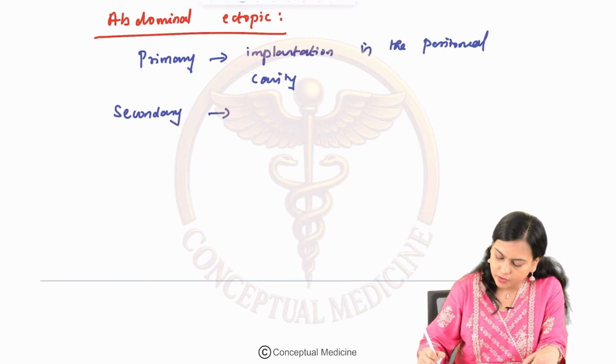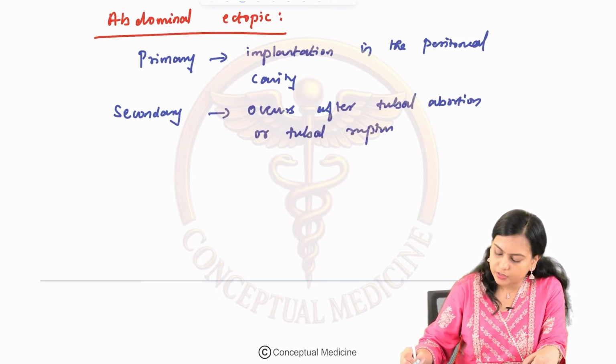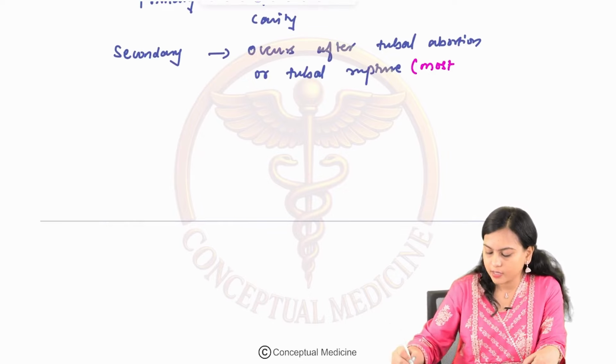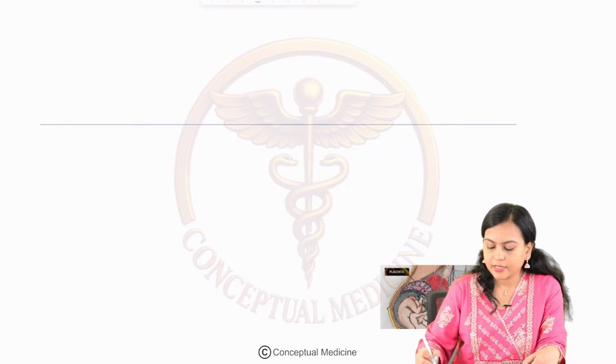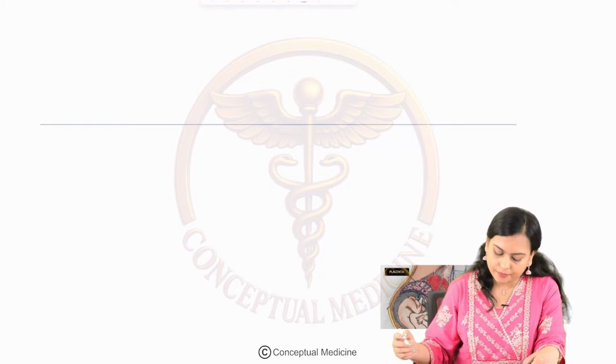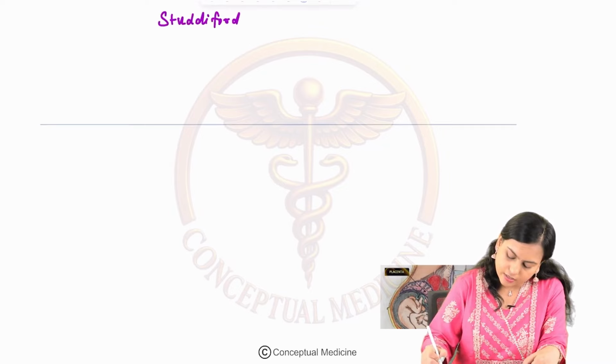Of both these types, the second type is most common, so secondary abdominal pregnancy is most common. And there is a criteria for abdominal pregnancy also, we call it Studdiford's criteria.